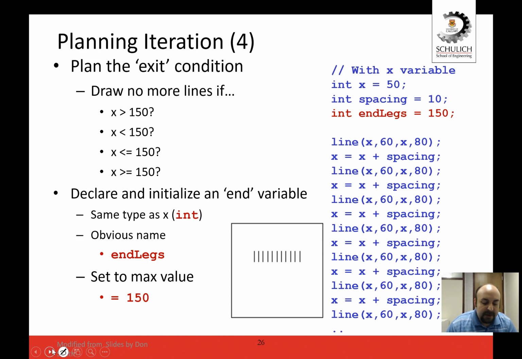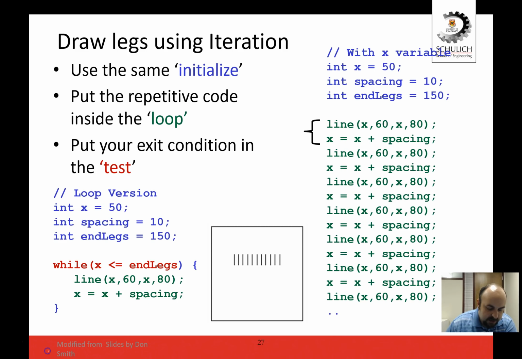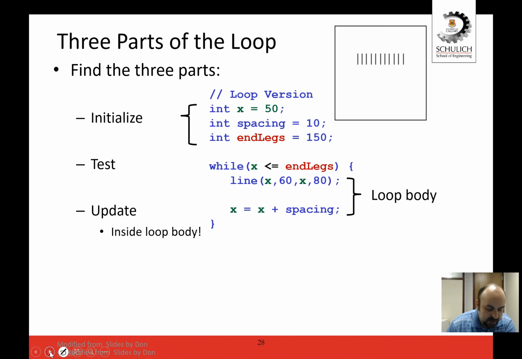You have to think about your exit strategy. You want to end when you reach 150. So this is your end condition. I'm just going to fast forward a little bit; the slides are up for you to look at. Basically this is what you get. You start x at 50 and you end at 150.